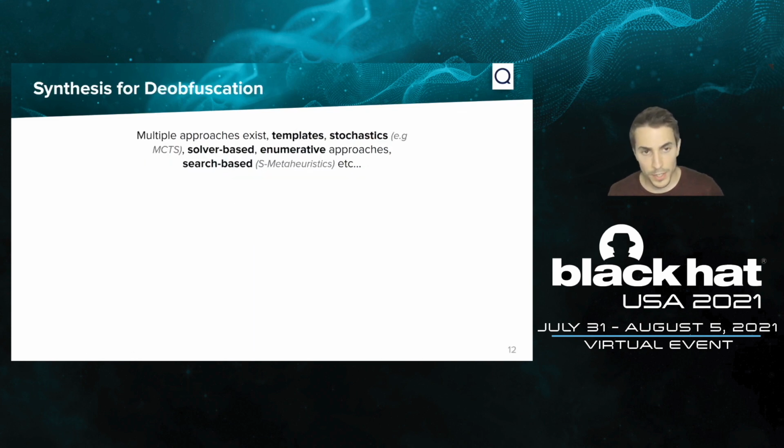Okay, so for deobfuscation through synthesis, there are multiple existing approaches: templates, stochastic, search-based, enumerative, and so on. I'll give you a small overview of the work that has been done in the past. The first work I found about this is the work performed by Rolf Rolles in 2014.